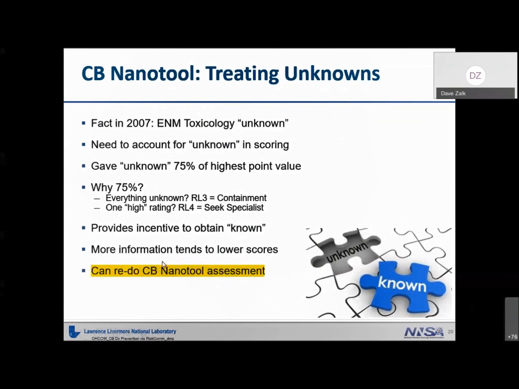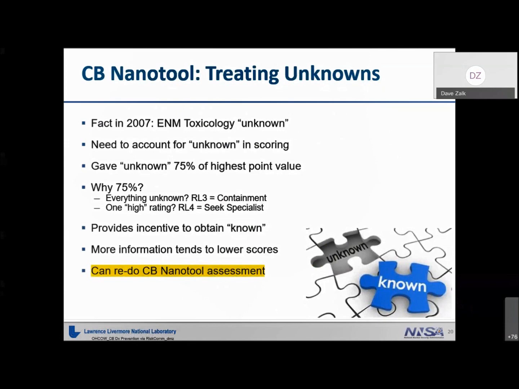But back in 2007, very little was known about nanomaterials, especially in research. As they like to say, not enough rats had died. And with so many unknowns, the question is, how do you score for any of those categories if you don't know the answer? So we decided to give an unknown score of 75% of the highest value for that category. At 75%, if everything is unknown, it's a risk level 3.